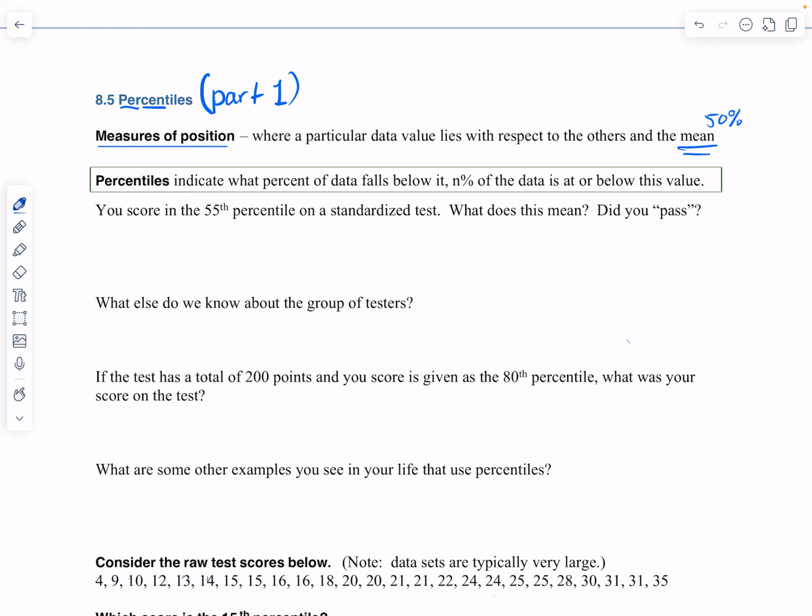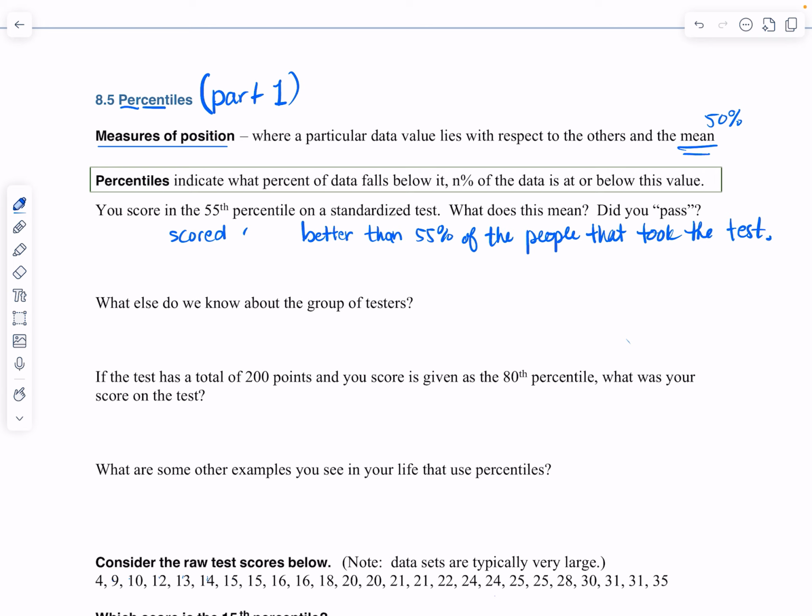That means that you scored better than 55% of the people that took the test.